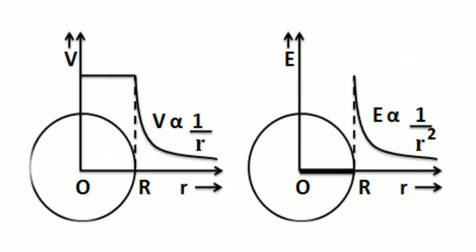So if E is 0, dV by dx is 0, meaning there is no change, so potential is constant. Then from the surface to outside, potential varies inversely proportional to r. Electric field varies inversely proportional to r square. Understood? So this is the basic difference between the variation of potential and electric field due to a spherical shell.